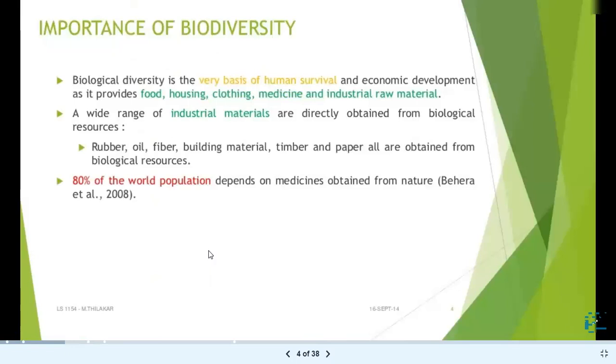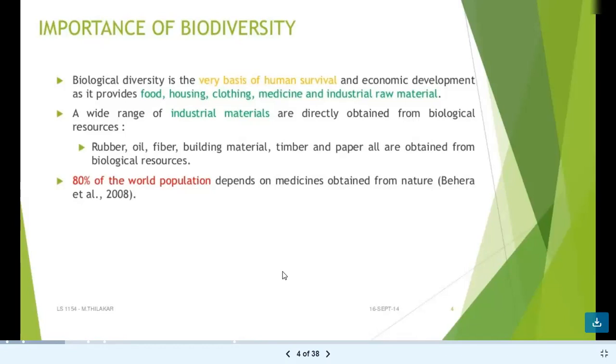Importance of biodiversity. Biological diversity is the very basis of human survival and economic development, as it provides food, housing, clothing, medicine, and industrial raw material.